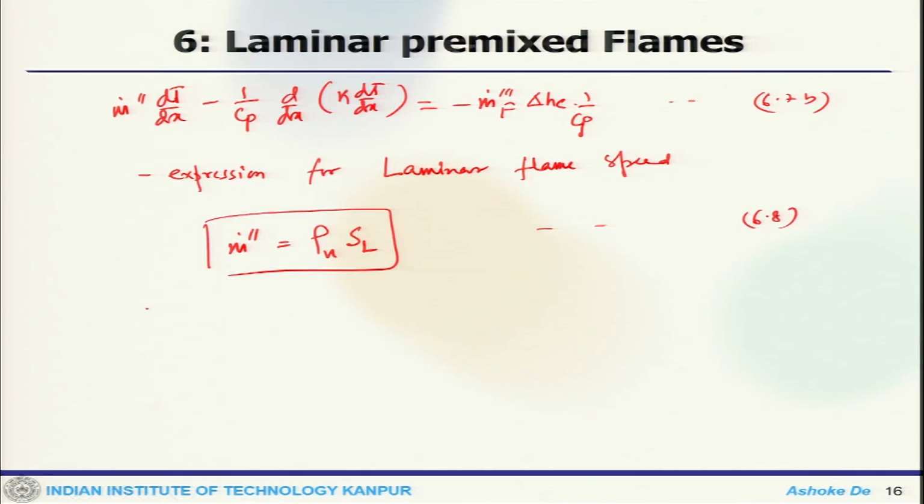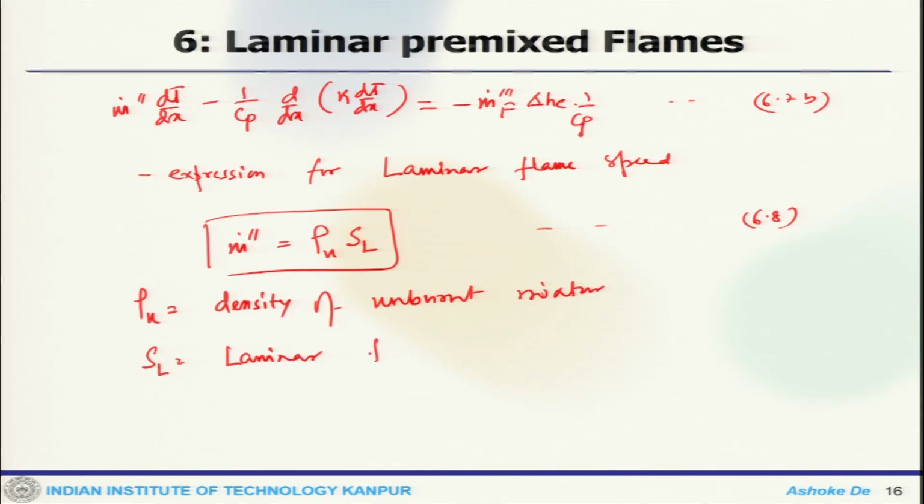where rho u stands for the density of unburned mixture and SL is your laminar flame speed.